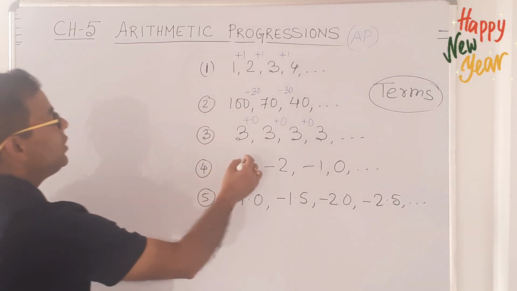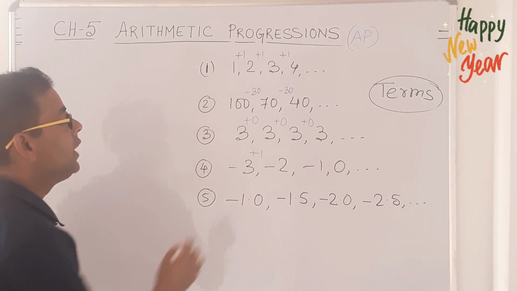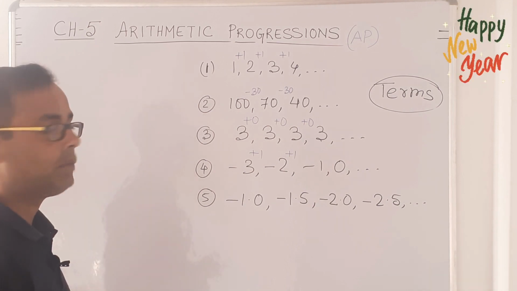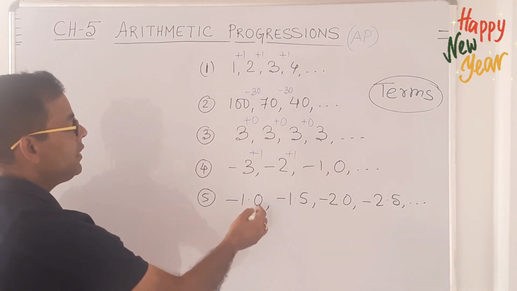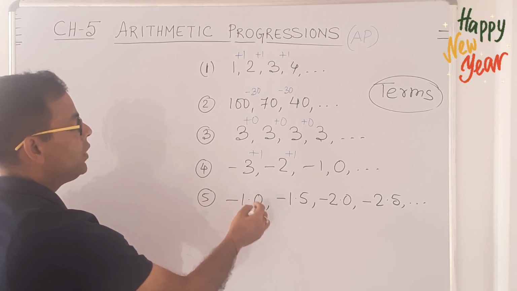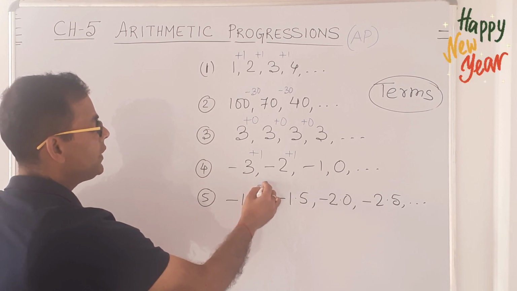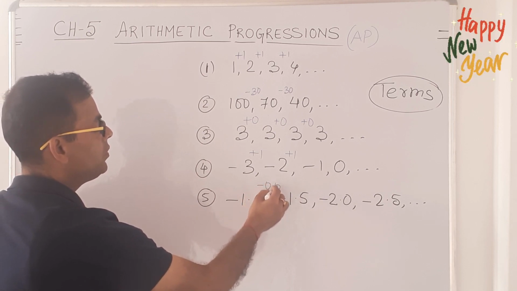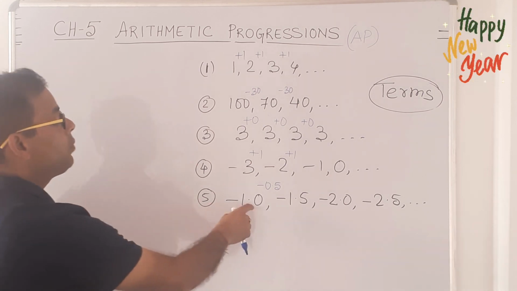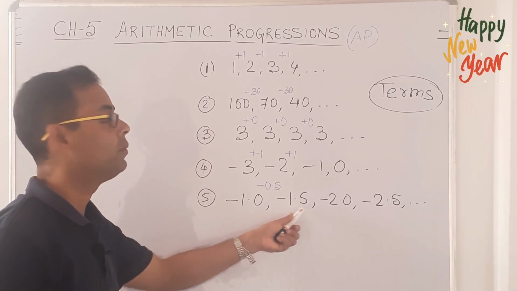Here you are adding plus 1 and you are getting the successive term minus 2. Again with minus 2, if you add plus 1, you get the successive term minus 1. Again here, if you go from minus 1.0 to minus 1.5, you are subtracting 0.5, or adding minus 0.5. So minus 1.0 minus 0.5 is ultimately minus 1.5.